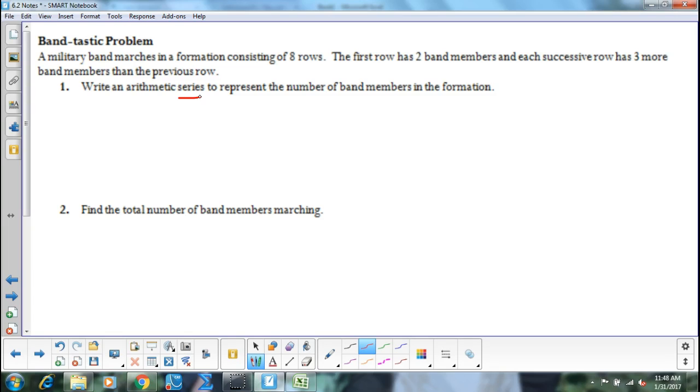Okay? So, what is the first row? How many band members are in the first row? 2. Then, second row. 5. Third row. 8. Fourth row. 11. Fifth row. 14.